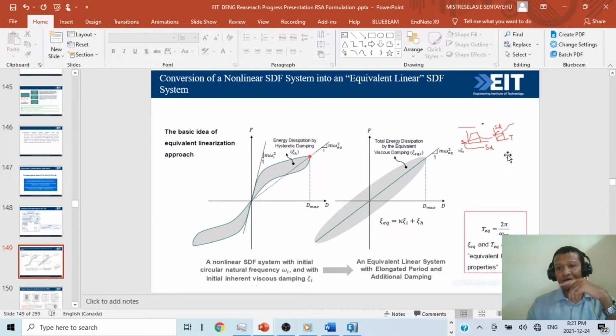We can find the velocity by derivative, and by another derivative we can find the acceleration. So this is how we do it, because this is the equivalent system. Once we know that, it's very easy to change.